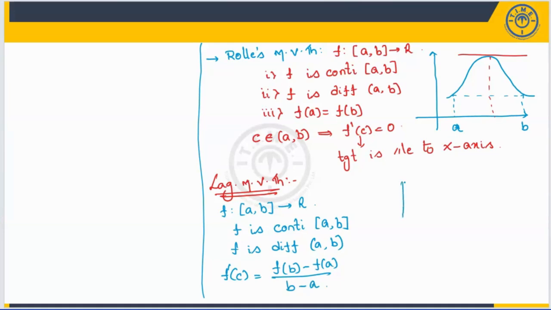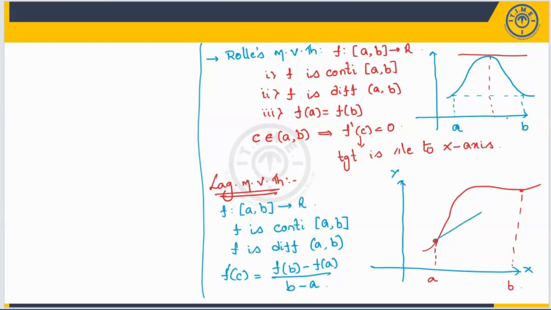That means we'll not put any condition that the curve should be at the same height at the end points. So the curve can be in any shape. Let us say I'll take a curve in this way, and here is the point A and here is the point B. Now if I join the points A and B, we'll call it a chord.